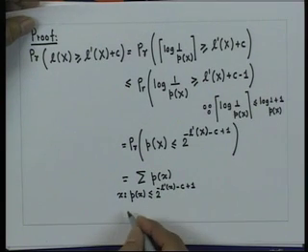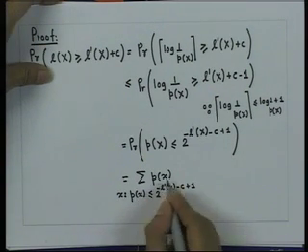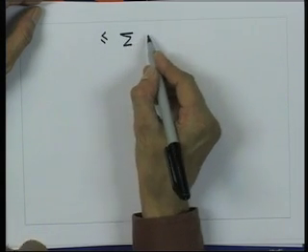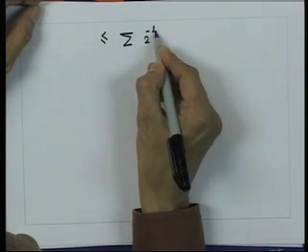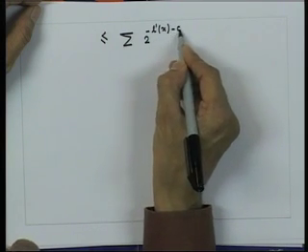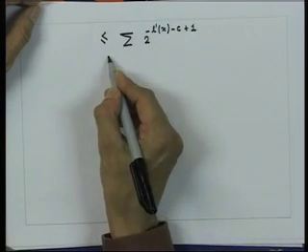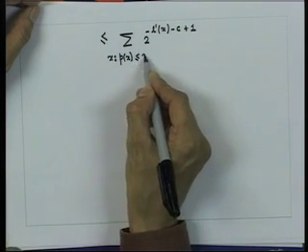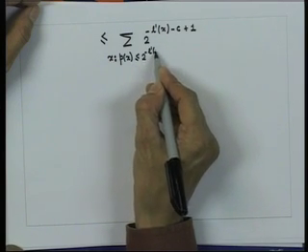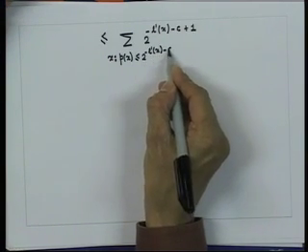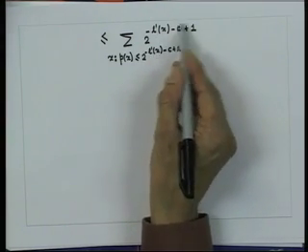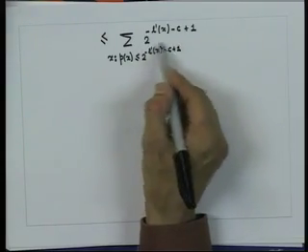So, what it implies is that this quantity itself is less than or equal to the summation of 2 to the power minus L dash x minus c plus 1, because this is the upper bound of p x.